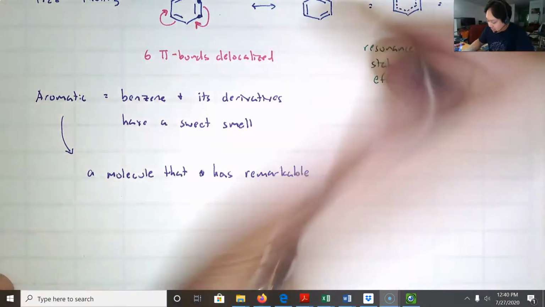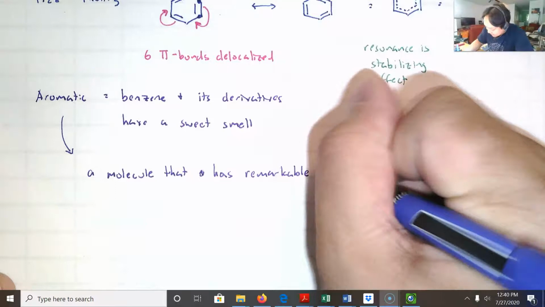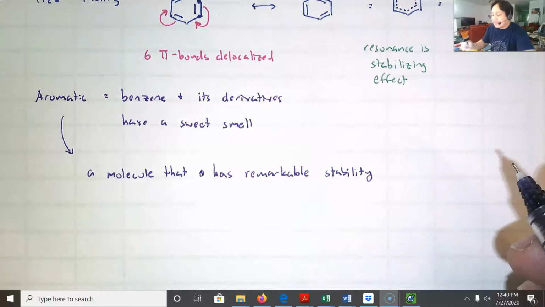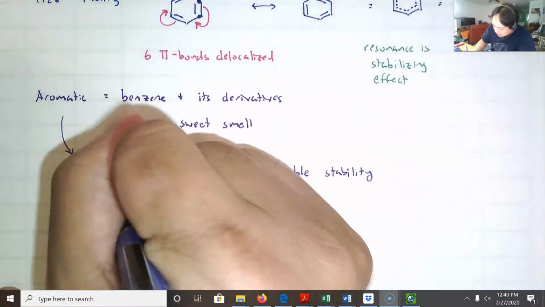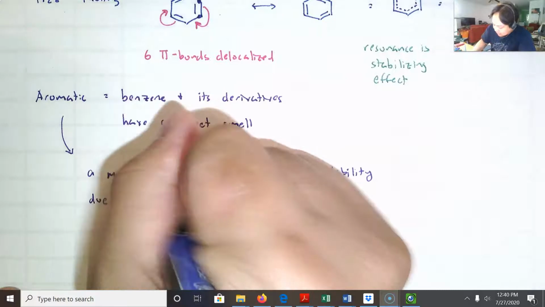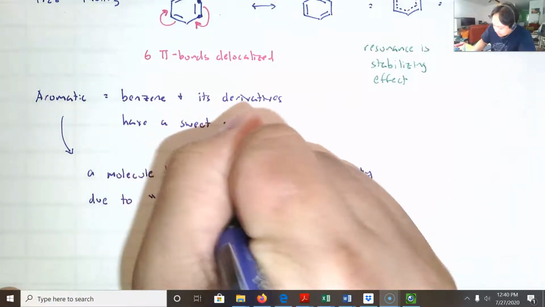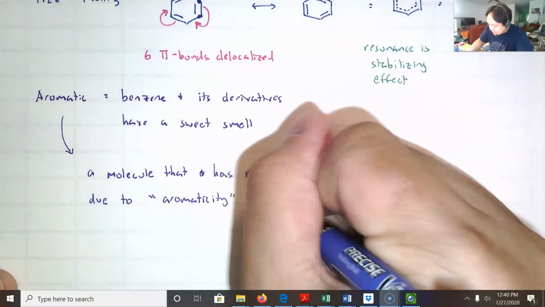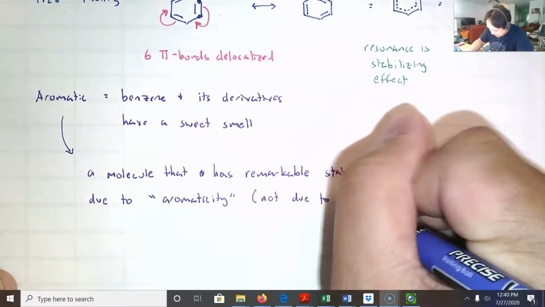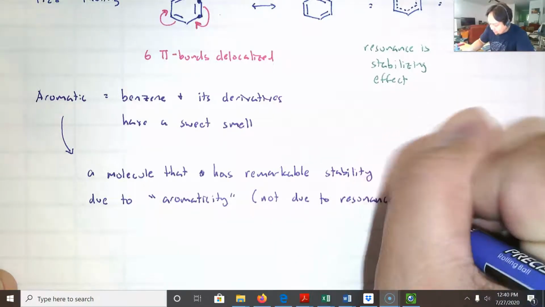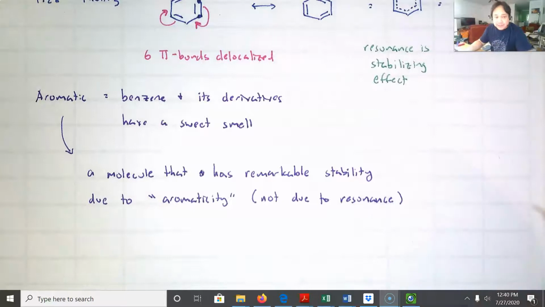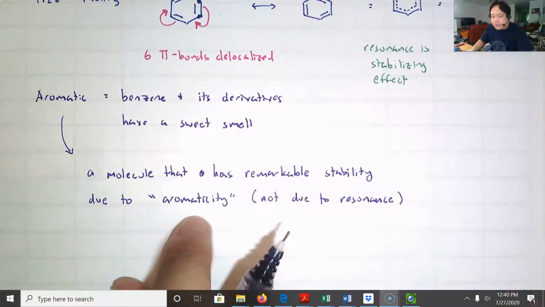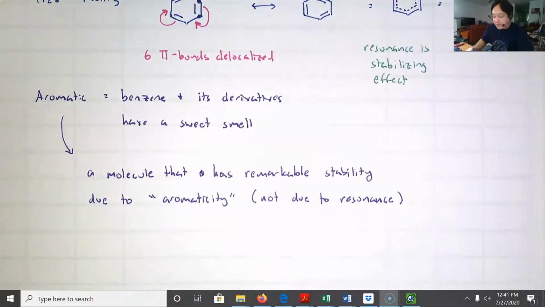So a molecule that has remarkable stability, due to this idea of aromaticity, not, right, in parentheses, due to resonance. Now, aromatic molecules undergo resonance. They show resonance, but there's an added kicker of stability due to this right now nebulous term called aromaticity.